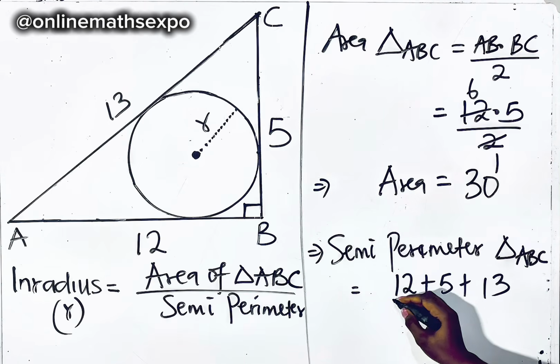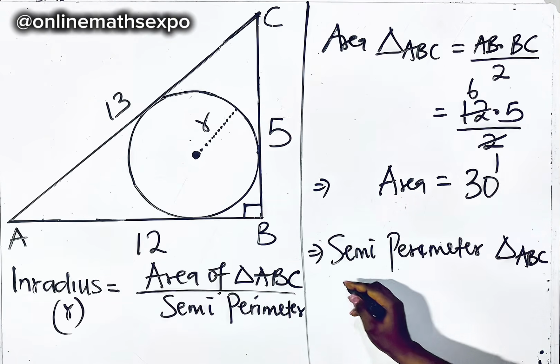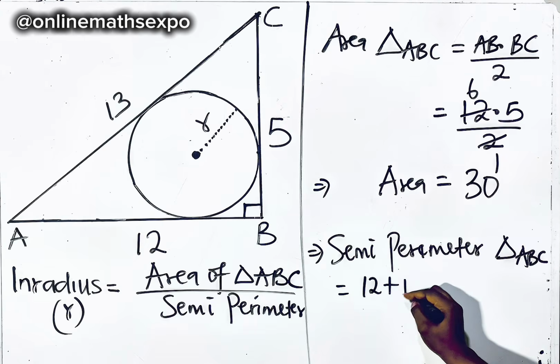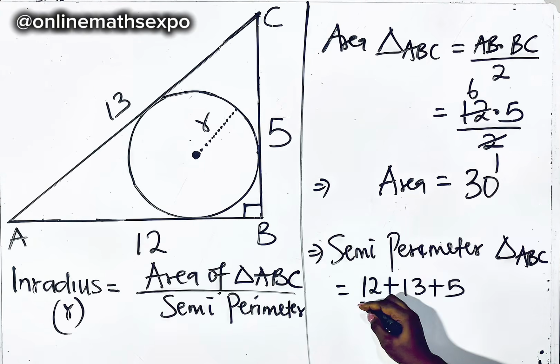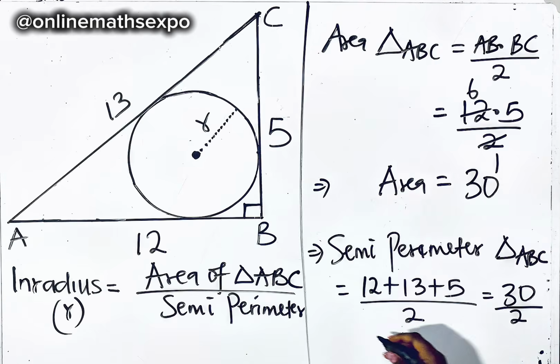Then because it's semi, you divide by 2. So we have 12 plus 13 plus 5 divided by 2. Adding these gives us 30, and when you divide 30 by 2, it gives us 15.